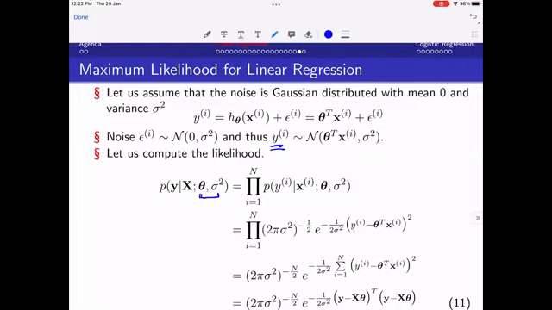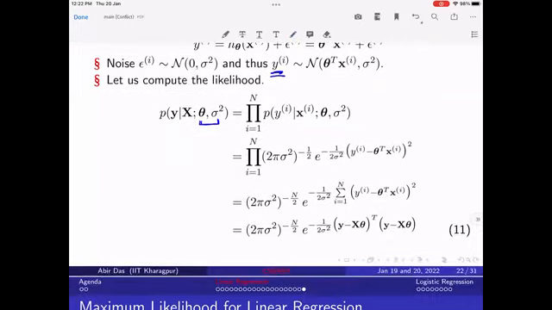If you just try to find the joint distribution, it is the product of the individual distributions, because they are independent. They are independent means the noise is independent, right? The noise of one observation is not affected by the noise for the previous observation, or what the noise will be for the next observation. That is what we mean by independent noise, right?